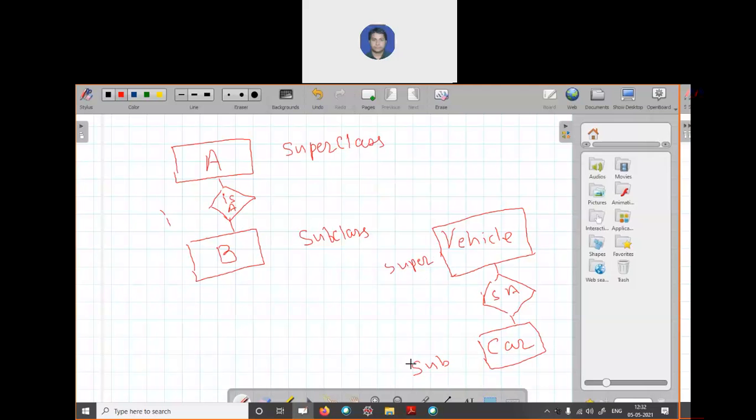Or you can say car is a specialized entity, and vehicle is a generalized entity. So when we have this kind of relationship in our ER diagram, car is called the specialized class and vehicle is the generalized class. Is it clear?